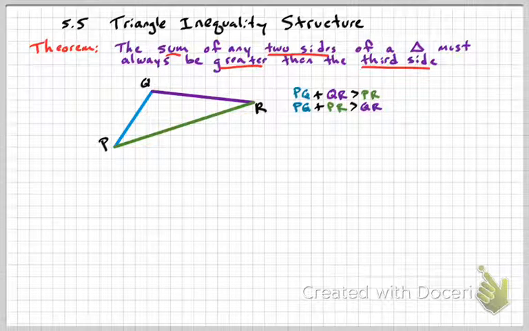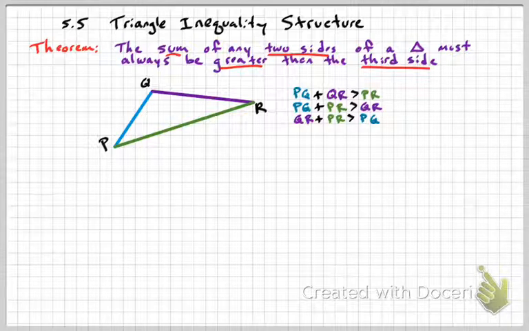So far there are two different scenarios that we have to test. Is there another way we can rearrange this? Blue has not been on the other side of the inequality sign yet. So purple plus green has to be greater than blue. And that is all the ways that we have to check it. So there's three different equations that you have to check.